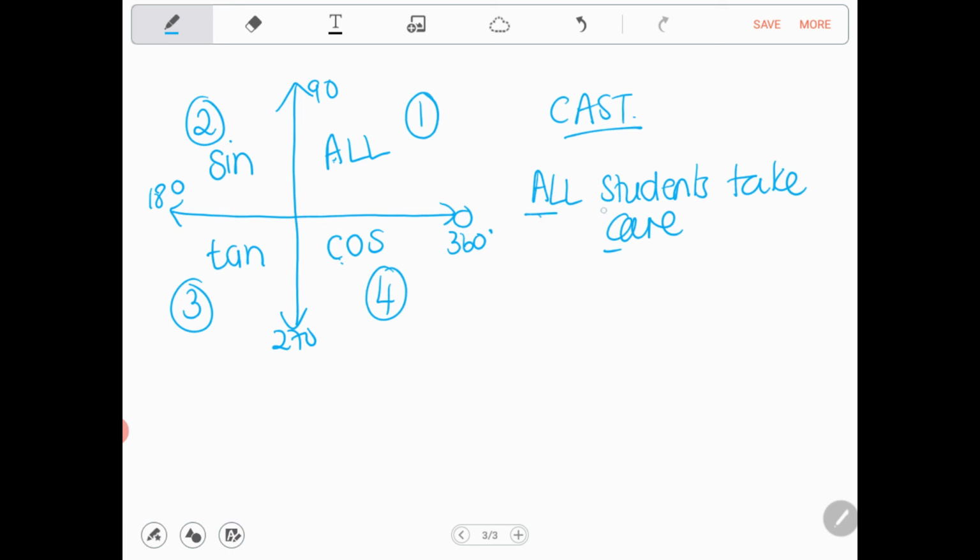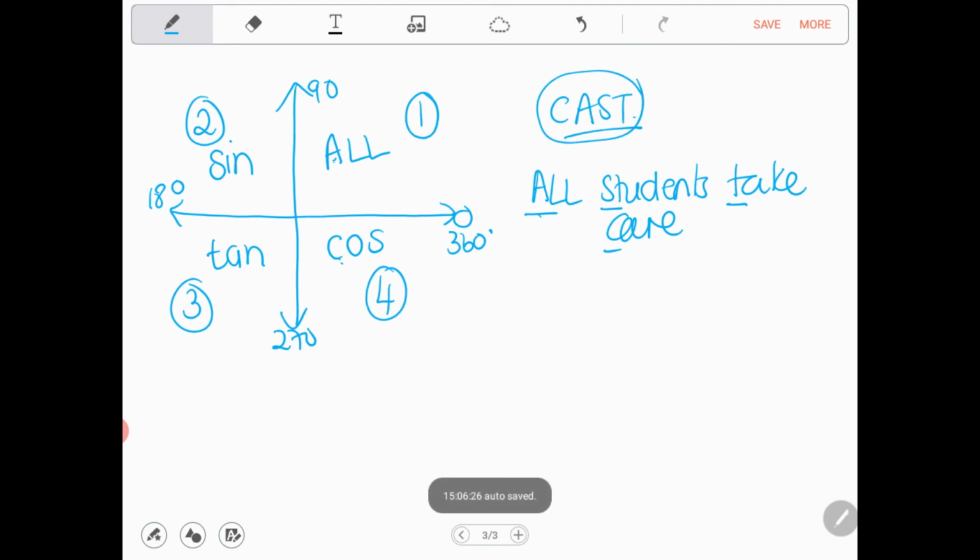So that's A, S, T, C. All right, all students take care, or sometimes it's just easier to remember CAST, but remember then you're starting in quadrant 4 and you're writing C-A-S-T: cos, all, sine, and tan. So that tells me which quadrants the ratios are positive in.